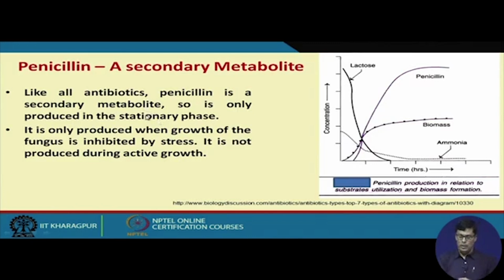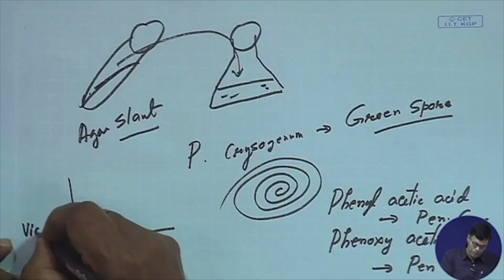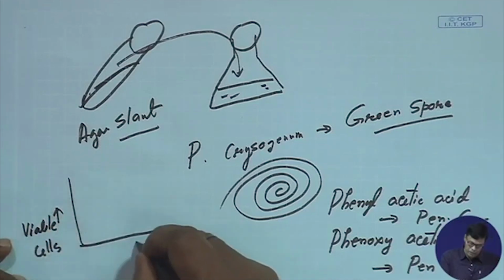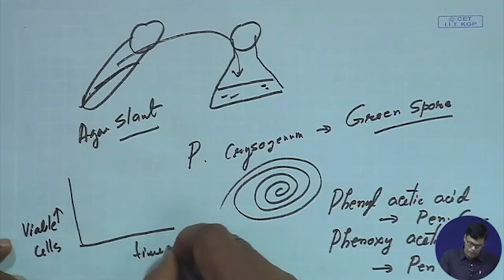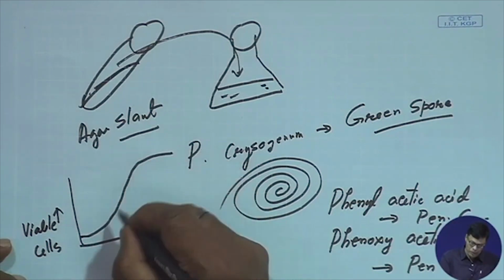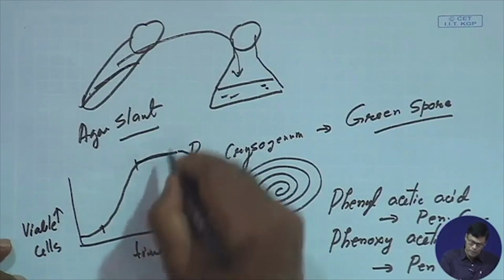We have seen the life cycle of the organism: this is the viable cells, and this is time. When you plot that, it is like this. We have lag phase, log phase, stationary phase, and death phase.